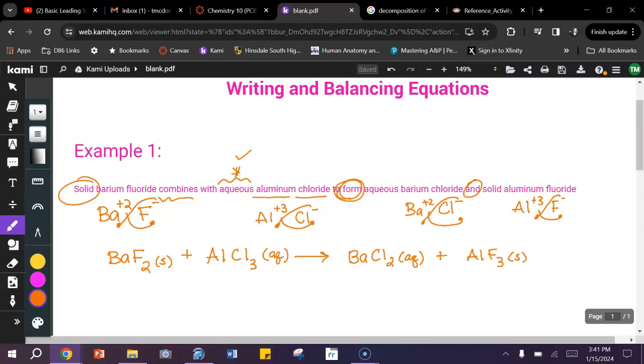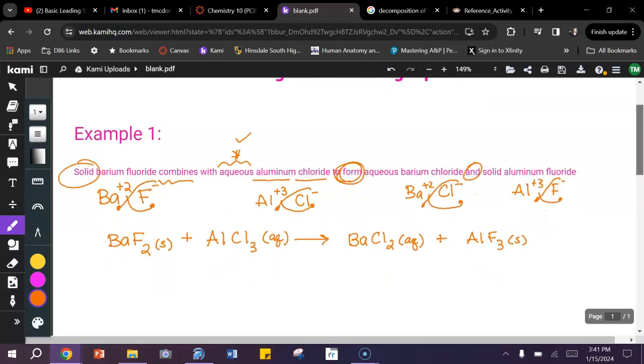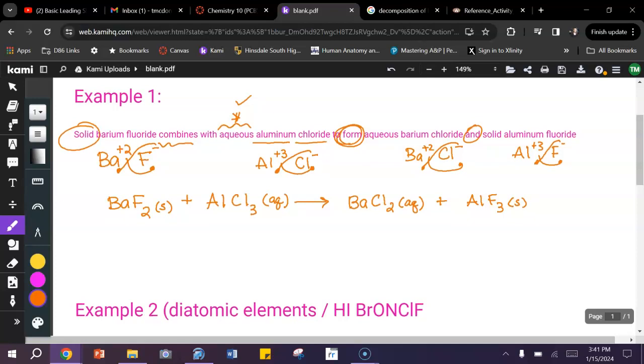Now what we need to do is actually balance the equation. So now we have to add coefficients in order to balance this equation out. So I'm going to start by writing out my grocery list. I'm going to draw a line below the arrow. And now I'm going to list my elements. So we have barium, fluorine, aluminum, and chlorine.